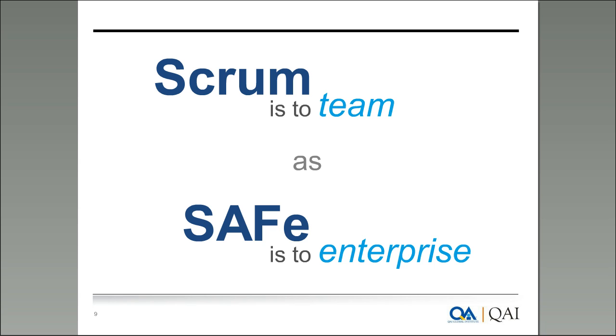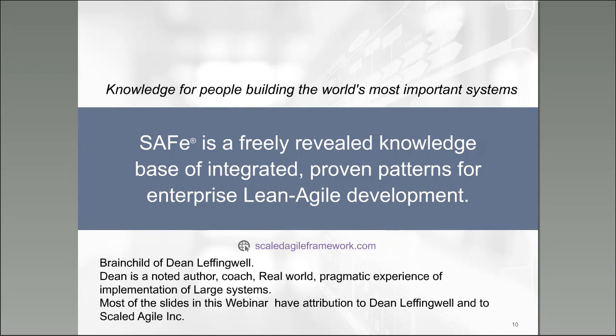Like Scrum is for a team of 7 plus or minus 2, SAFe is more for an enterprise, where multiple teams are working on a big program, big applications, or big systems. Today SAFe is slowly becoming the industry standard, a lot of people have started using it, and a lot of distilled knowledge is available, with many case studies and best practices.